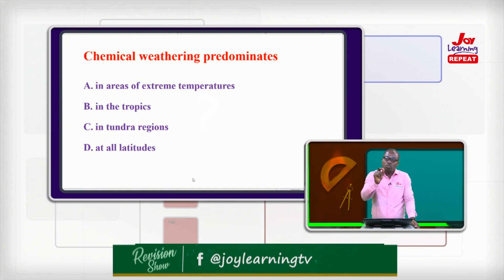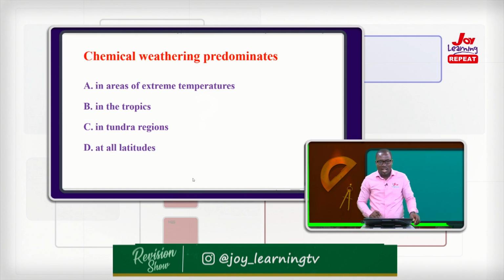When we talk about the tundra regions, they are the regions whereby temperature is very low. So that is how come we have water acting as a major agent of chemical weathering. Do you remember that? Once the temperature is very low, it means we may even have snows all over.